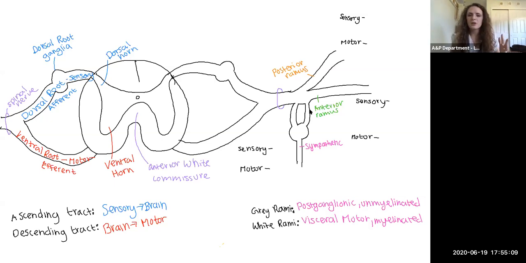Okay, each one of these nerves is going to have a sensory and a motor function. So the nerve is going to both carry motor information and bring back sensory information. Your posterior ramus: the sensory information it takes away is to your skin and skeletal muscle of the back.